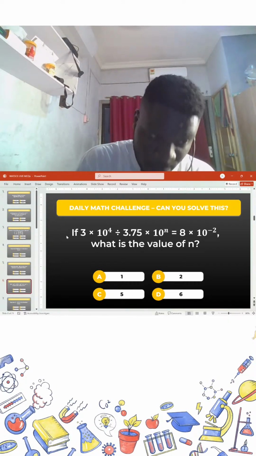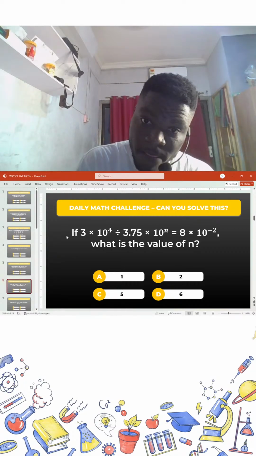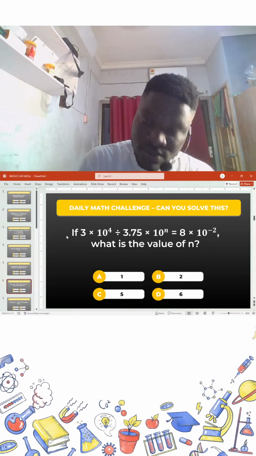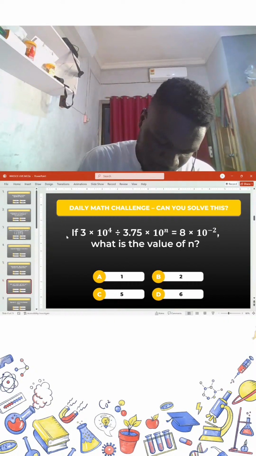So we have 3 times 10 raised to the power 4 on 3.75 times 10 raised to the power n, and all is equal to 8 times 10 raised to the power negative 2. Okay, so I have here this on this.